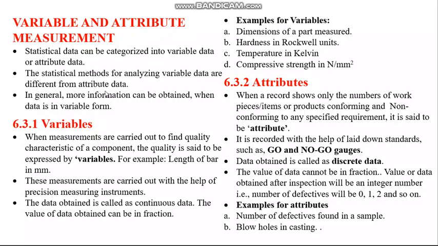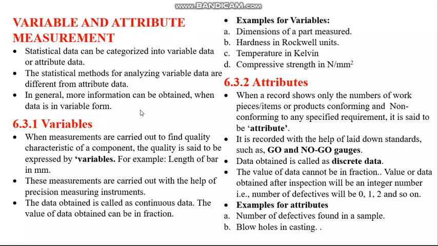The statistical methods for analyzing variable data are different from the methods for analyzing attributes. For analyzing variables you use some kind of charts; for analyzing attributes you will use some other chart. So the methods are different.